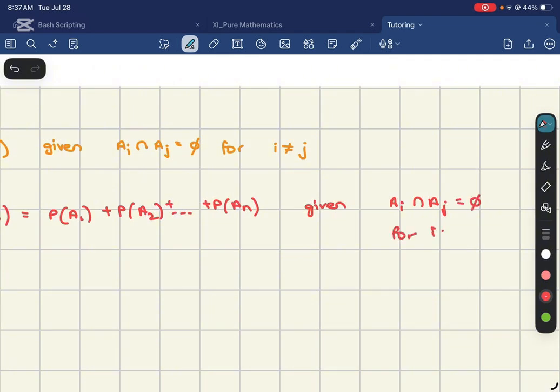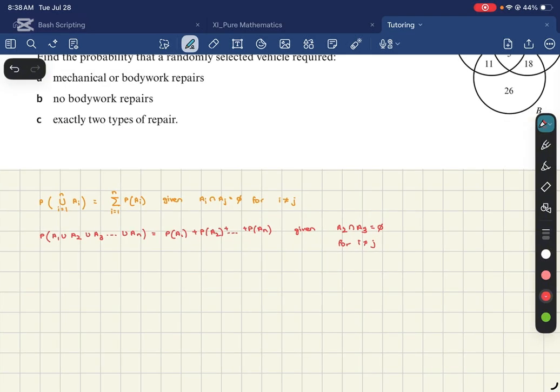So if you have A1 and A2, then it's an empty set. If you have A2 and A3, it's an empty set. All right, so basically that's what I'm saying.